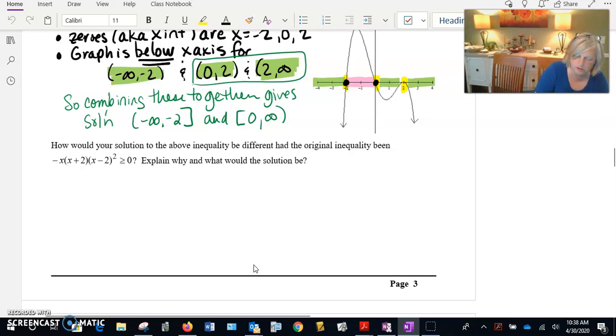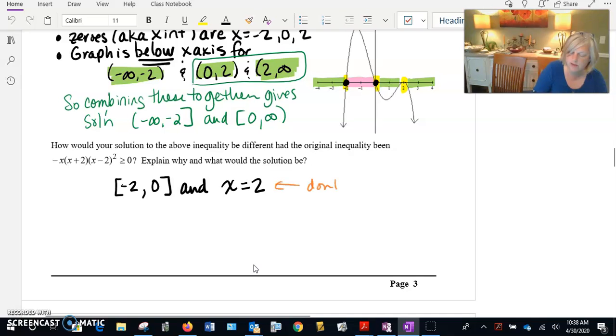Y'all start with your parentheses and you're like, hey, it's -2 up to 0 and bracket. And then we have a problem because there's a single value out on the side. It also happens at x equal to 2. We have to remember, don't forget to grab this single value that's not an interval that's there.